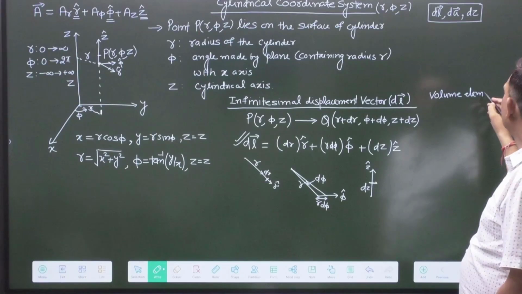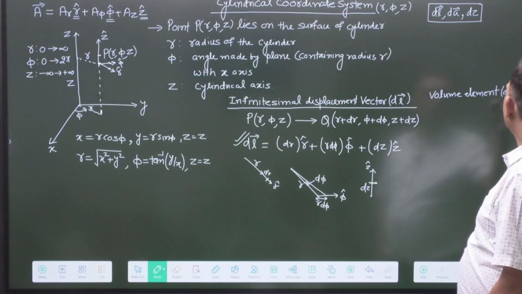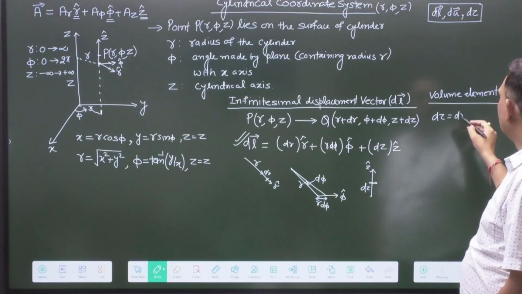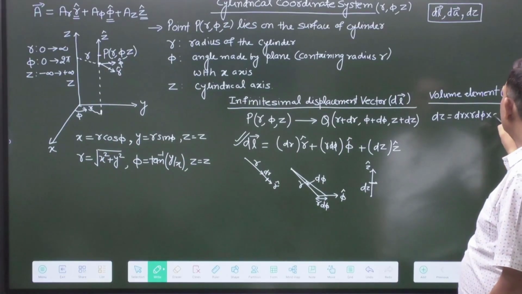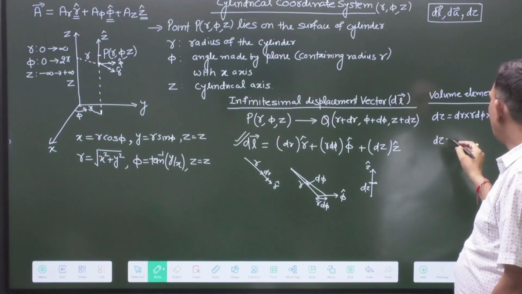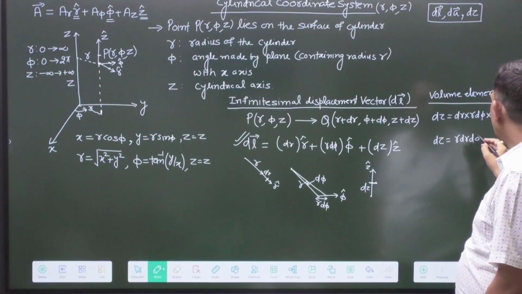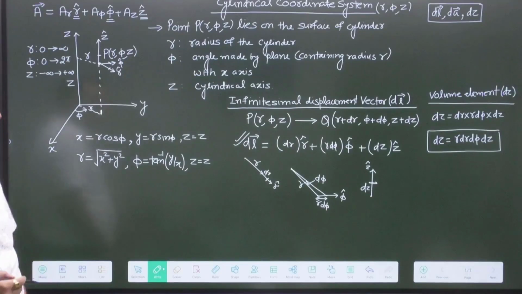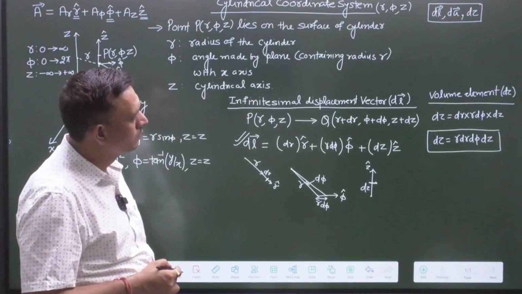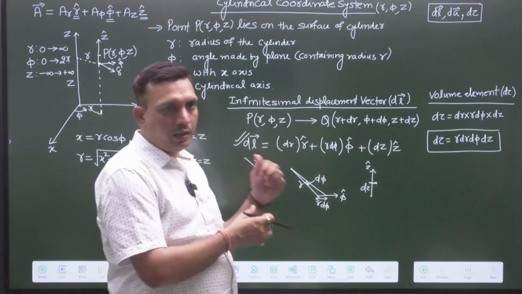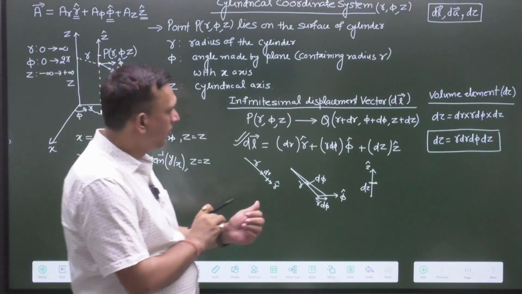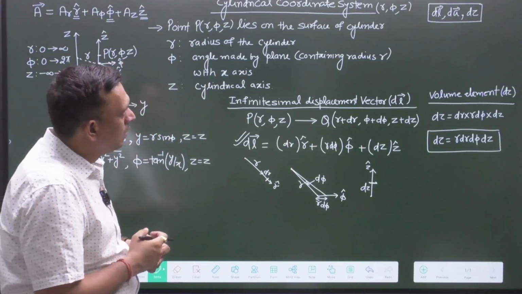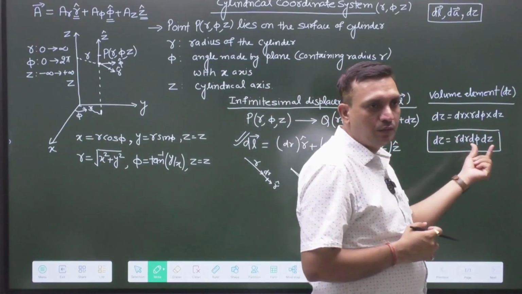So d tau is dr into r d phi into dz, which is r dr d phi dz. This will be the volume element.